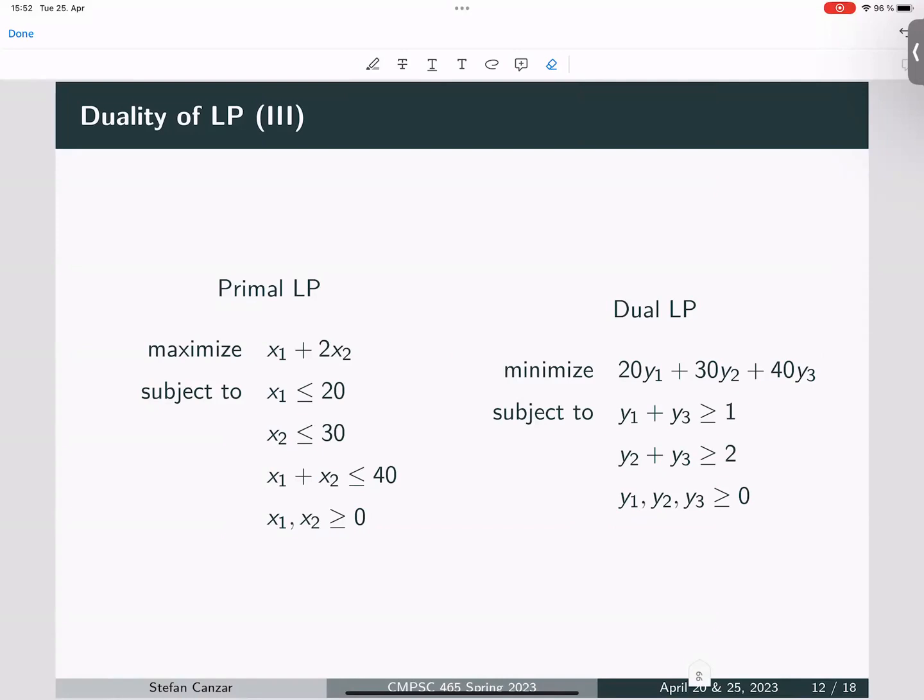Even if you don't understand anything about dual linear programming, just memorizing how you generated it, by creating one variable for every constraint and one constraint for every variable, comparing it to the coefficients of the objective, objective value 1, objective value 2, and then creating an objective that contains the right-hand side from your primal LP, gives you a dual linear program. So this is a very mechanistic approach to creating such a dual linear program.